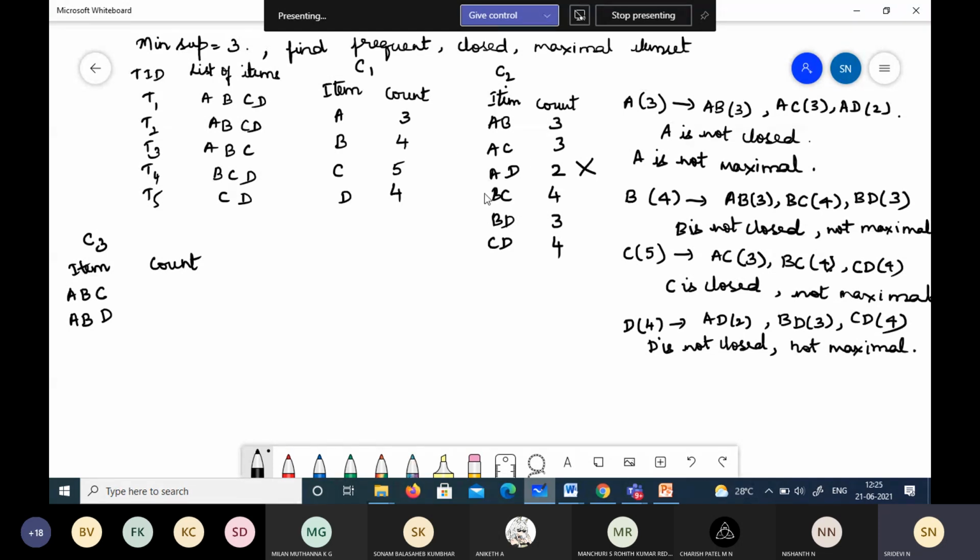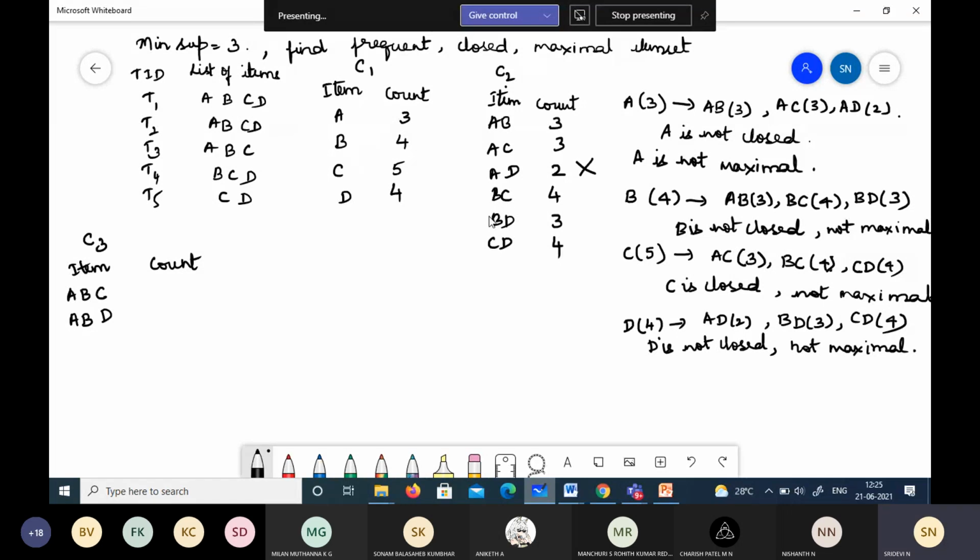Once again, what are the combinations available with 3 items? 1, 2, 3, 4, 5. Okay. I can have ABC. I can have ABD. I can have ACD.